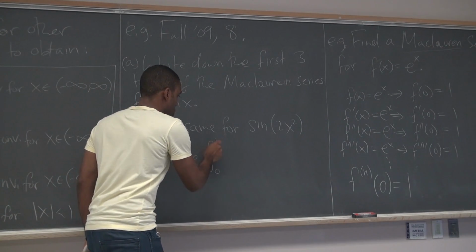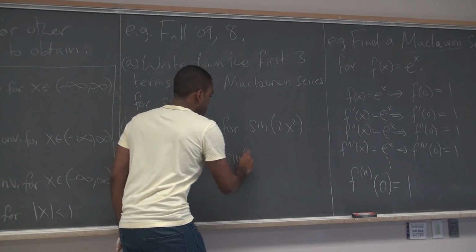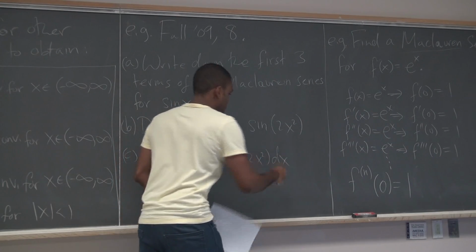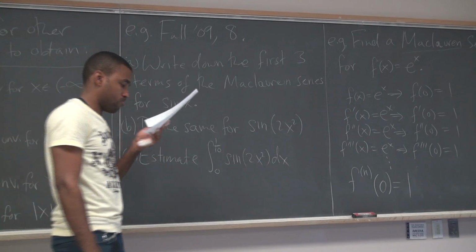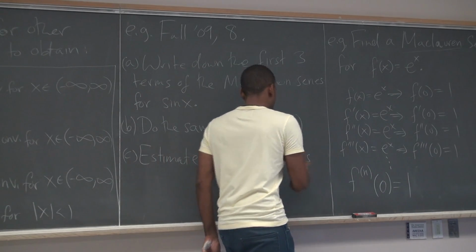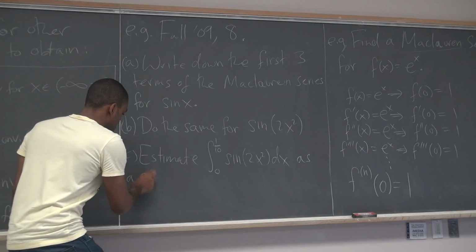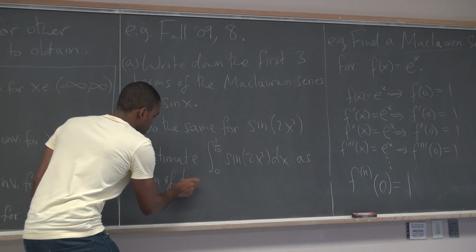The integral from 0 to 1 over 10 of sine of 2x squared dx, as a sum of 2 fractions.